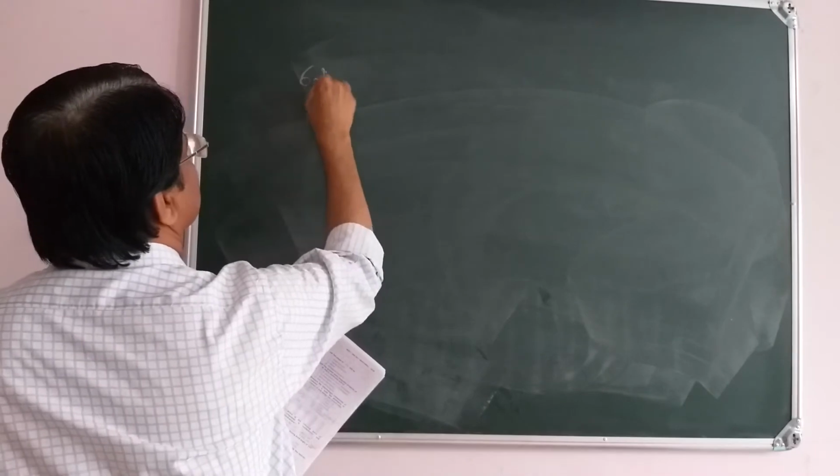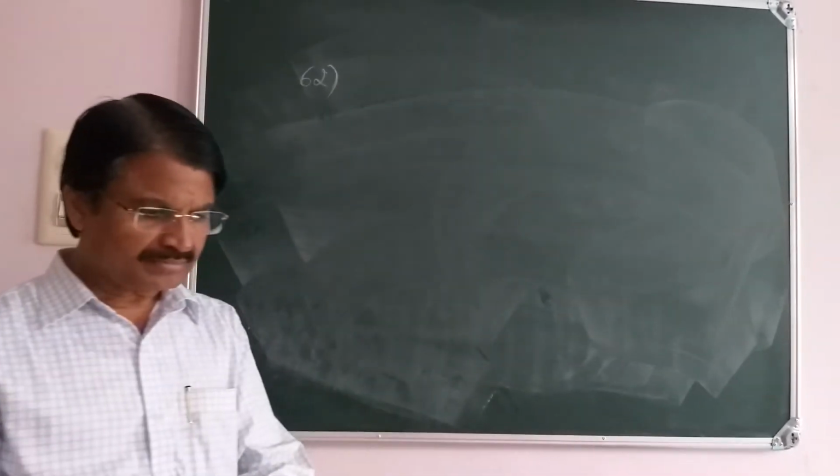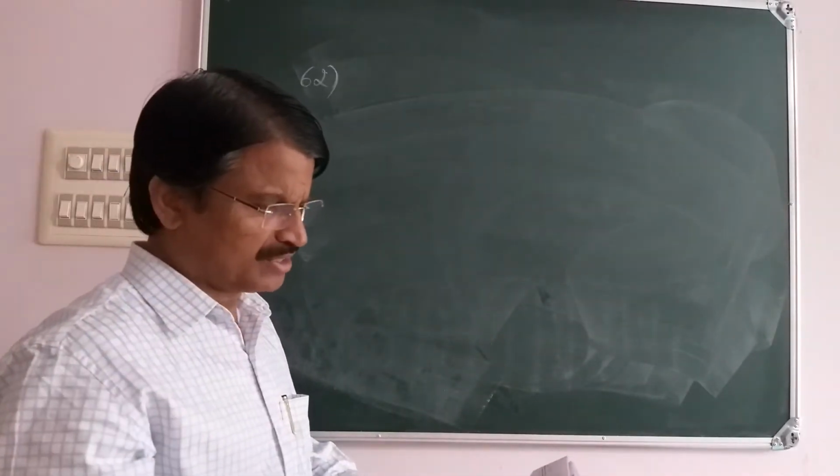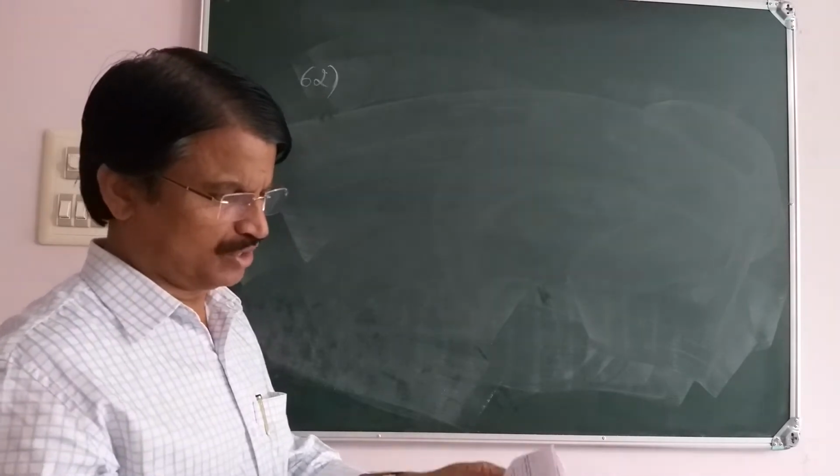Question number 62. Which of the following pairs of ions are isoelectronic and isostructural?